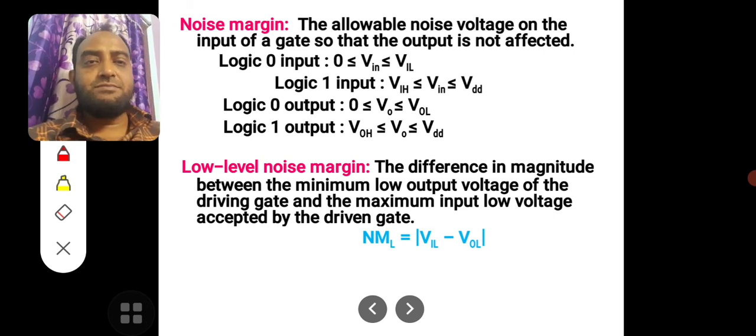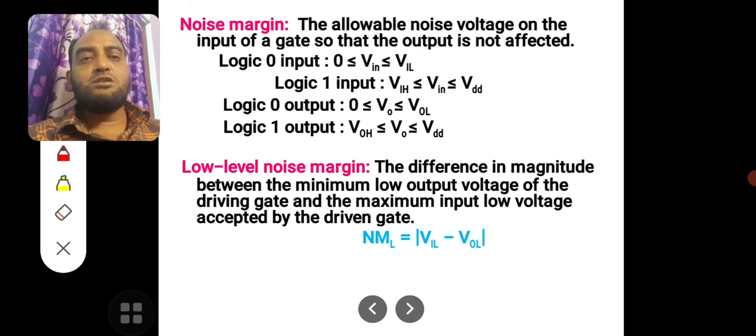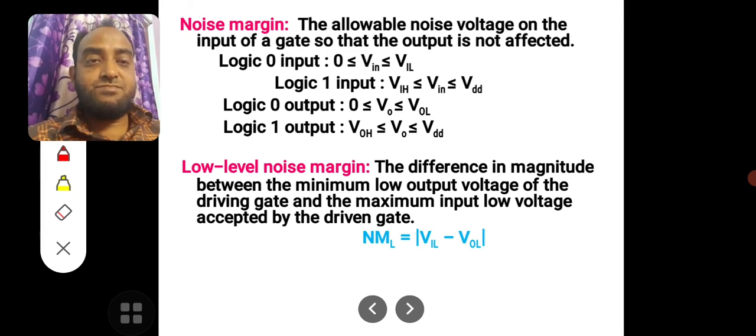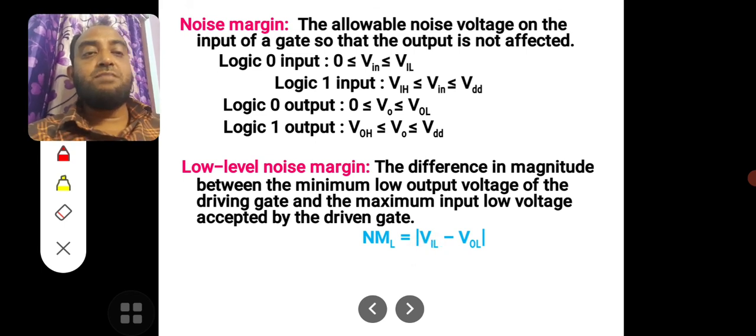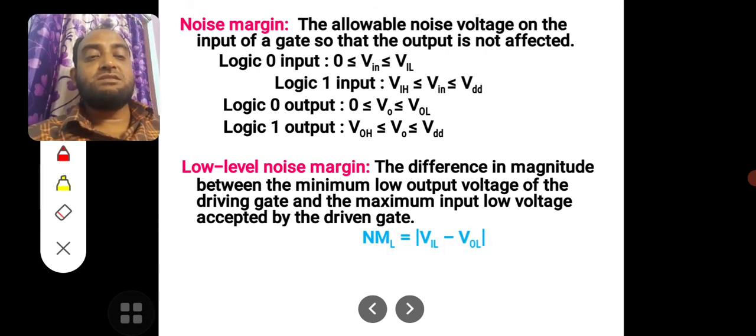There should be some margin. The margin at the low level, that is logic 0, is called the low level noise margin. It is the difference between VOL of the driving gate and VIL, the maximum input voltage that can be accepted by the driven gate.